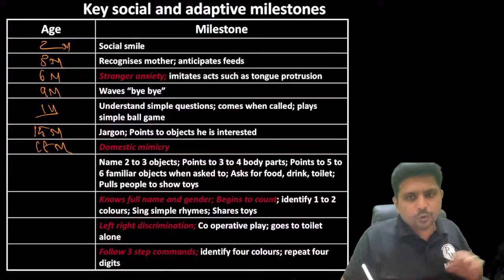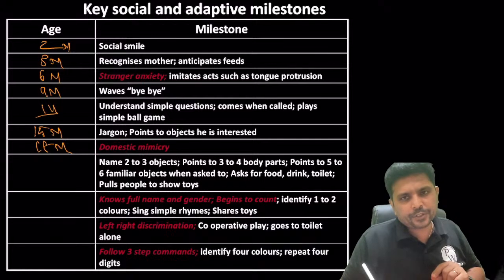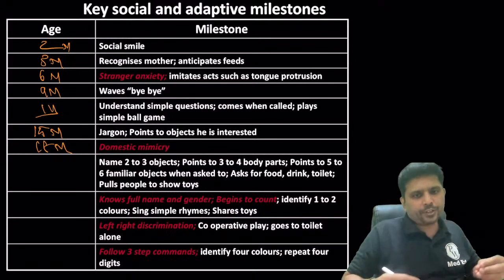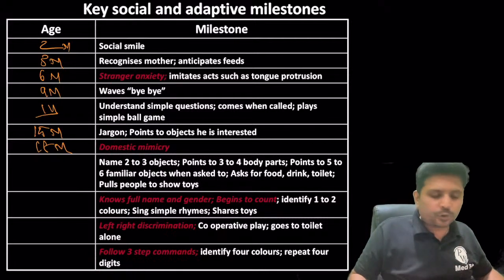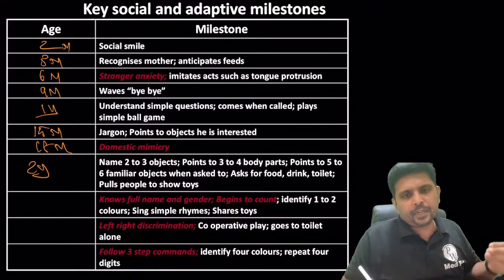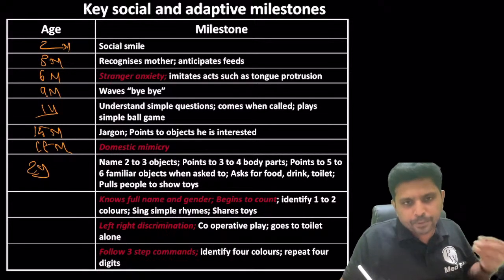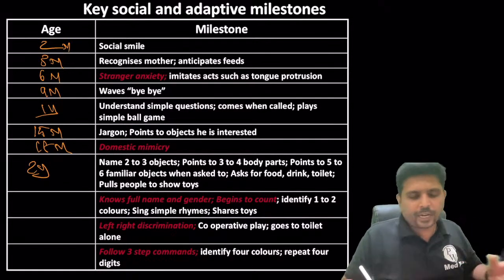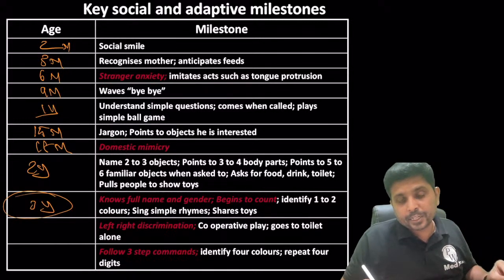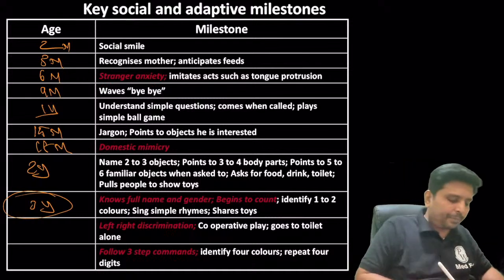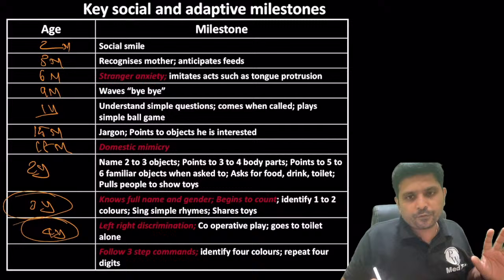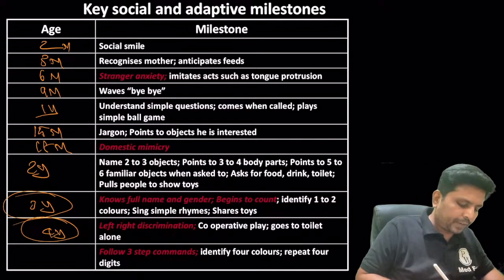Name two objects, two body parts, five familiar objects. If the child can ask for food, I want food, drink, etc. Pulls people to show toys. 2 years: full name, begins to count, two colors, simple rhymes, shares toys. 3 years: left right discrimination, goes to toilet alone, cooperative play. 4 years: follows three-step commands, four colors, repeats four digits. 5 years.